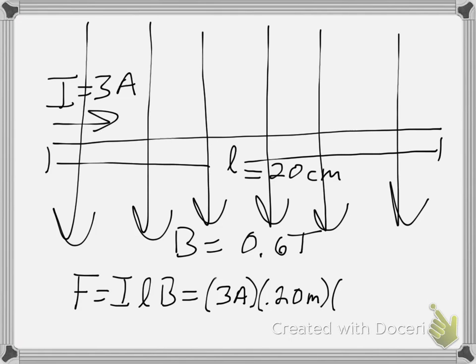And our field strength is 0.6 Tesla. When you plug this into your calculator, 3 times 0.2 is 0.6 amps times meters, and 0.6 times 0.6 is 0.36, and the units here are in newtons. So that's how you would find the deflection of a current carrying wire in an external magnetic field.